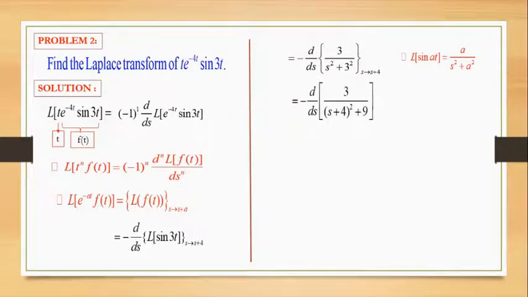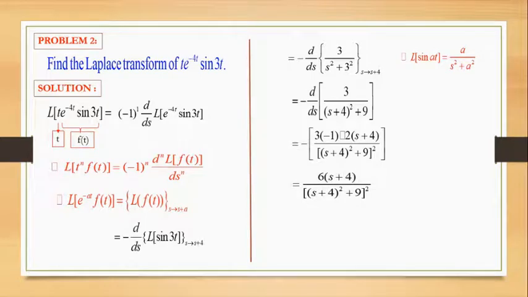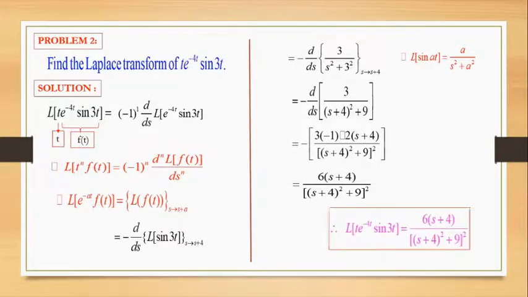So we get minus d by ds of 3 divided by s plus 4 the whole square plus 9. So now differentiating this with respect to s, we get minus of 3 into minus 1 into 2 into s plus 4 divided by s plus 4 the whole square plus 9 the whole square. When further simplified, we get 6 into s plus 4 divided by s plus 4 the whole square plus 9 the whole square.